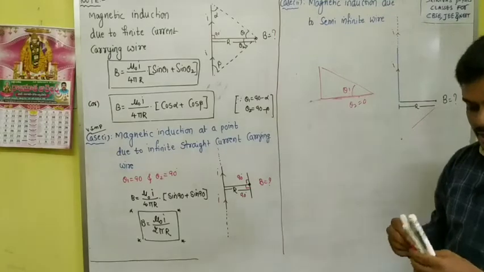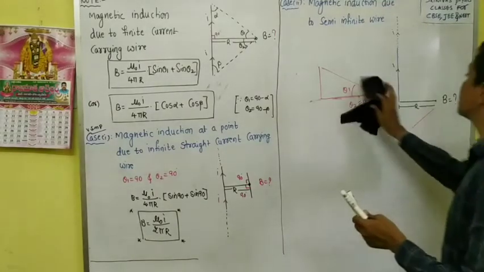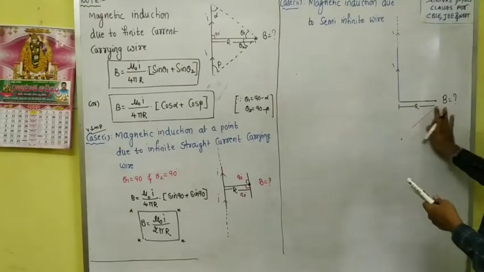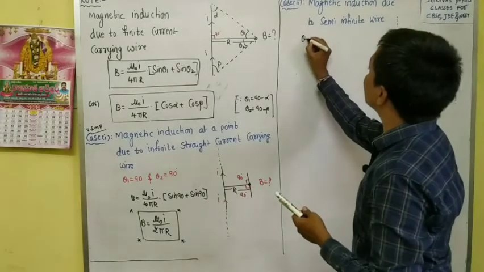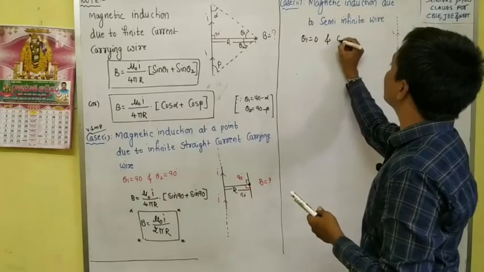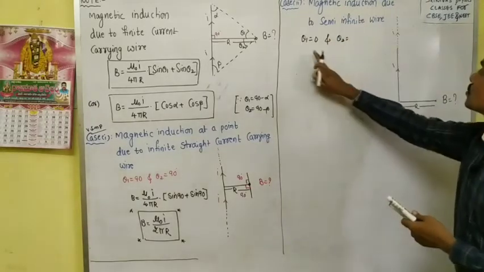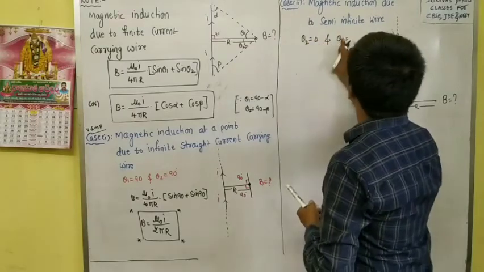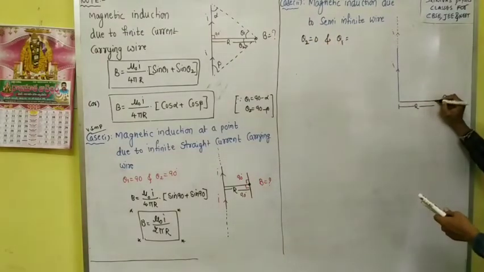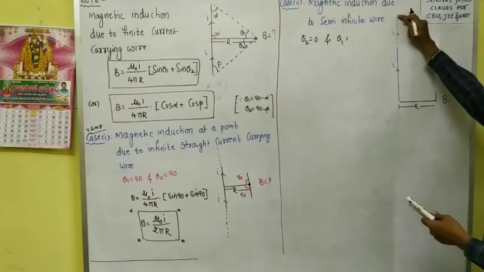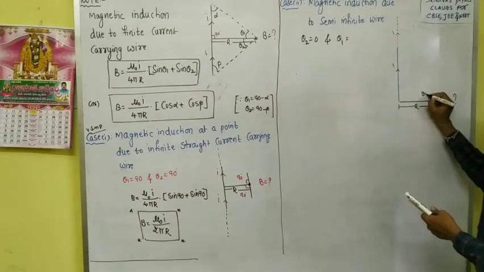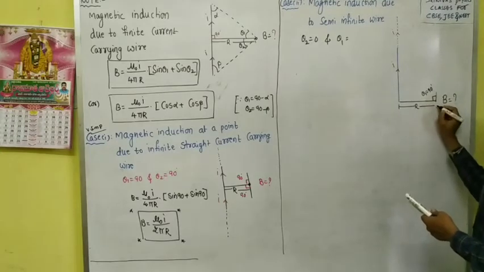Similarly, for the semi-infinite wire, theta 2, the downward angle, is 0, and theta 1 is the upward angle. In order to join this infinite wire, we go straight like this. Then theta 1 is 90 degrees and theta 2 is 0.